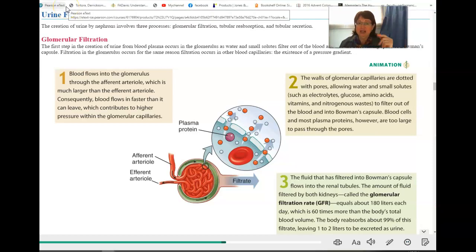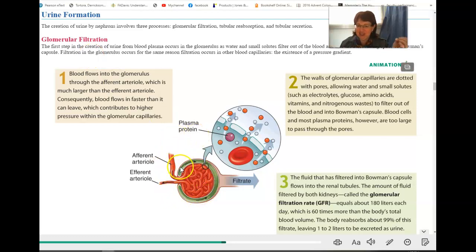Okay, let's summarize this first step by looking at the textbook. The first step is called glomerular filtration because it occurs between the glomerulus and the glomerular capsule. Now, the afferent arteriole is larger than the efferent.